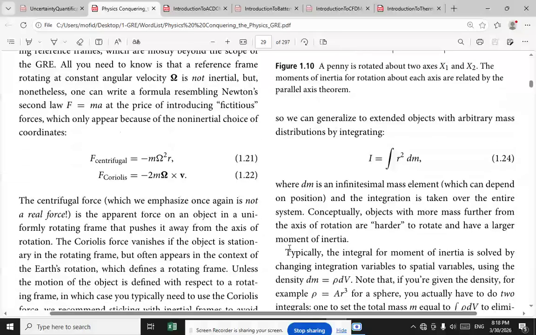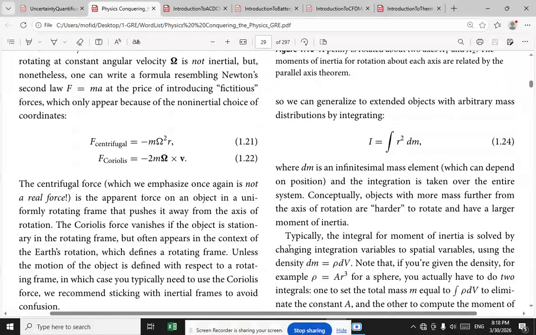So we can generalize to extended objects with arbitrary mass distributions by integrating: I is equal to the integral of r to the power of 2 dm, where dm is an infinitesimal mass element which can depend on position, and the integration is taken over the entire system.